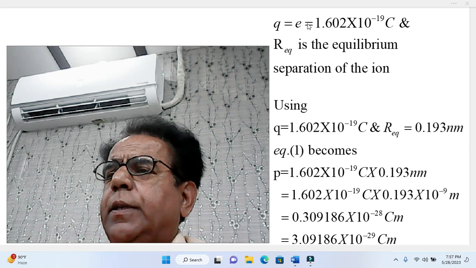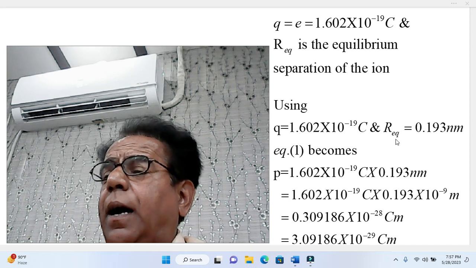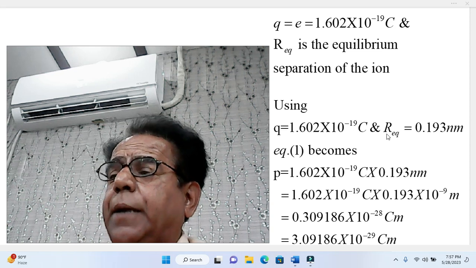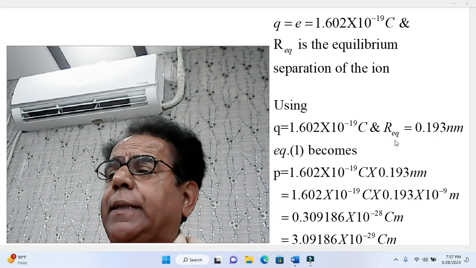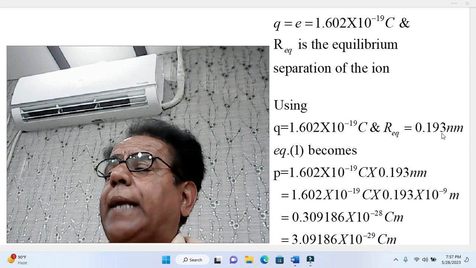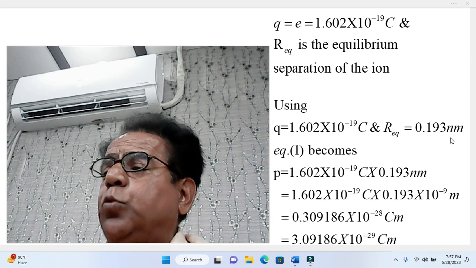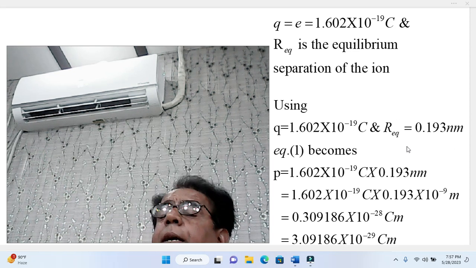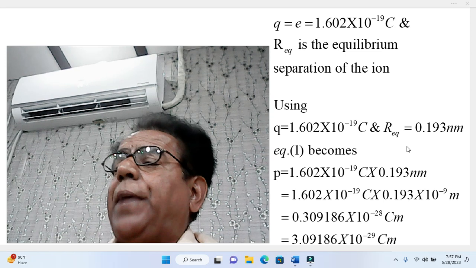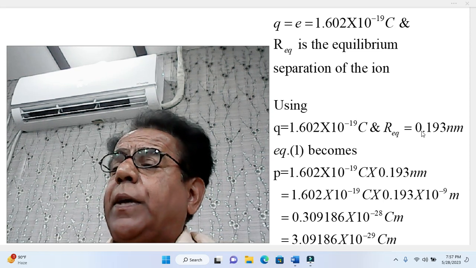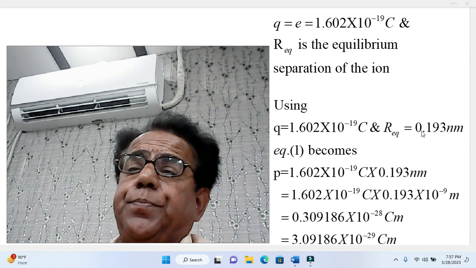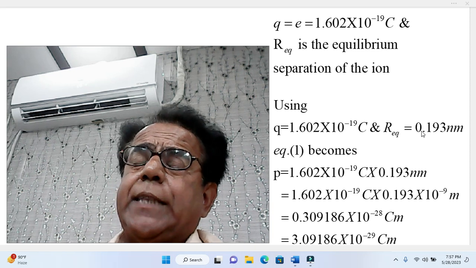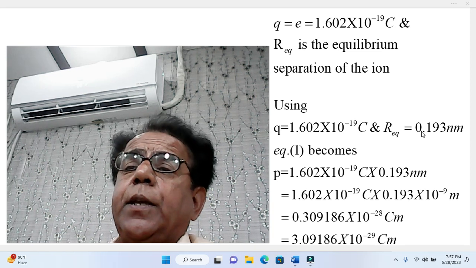And R_eq, where eq is written as a subscript of capital R, that is equilibrium separation, is given as 0.193 nanometer. Dear students, this value is given in the statement, and this value is also given in two tables which we introduced as a part of our toolkit.